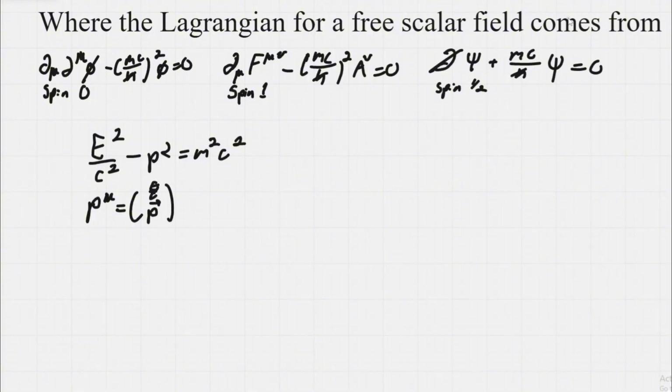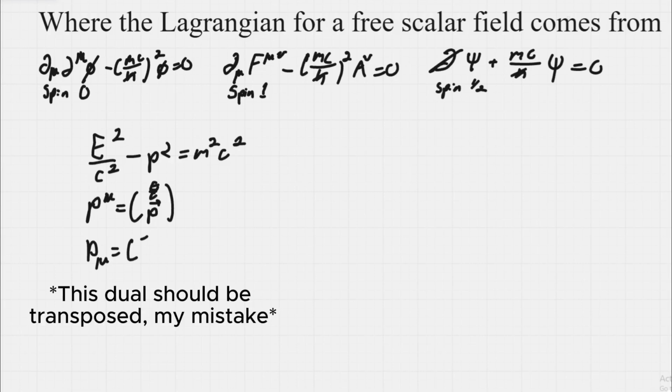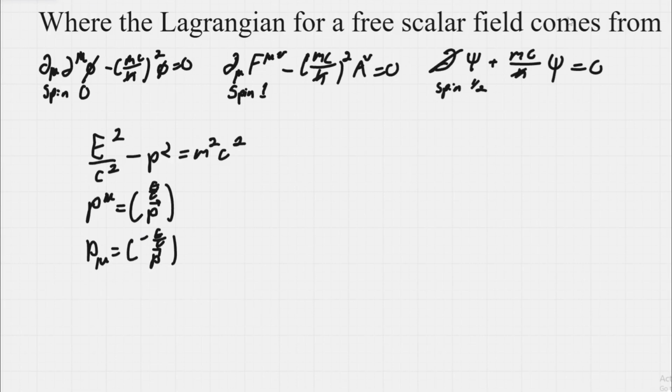So if we take this with the dual, which just picks up a negative here, we get that this is equal to negative E squared over c squared plus the spatial momentum squared, which is exactly what we have over here, just negative.